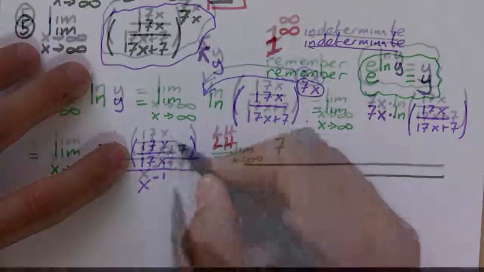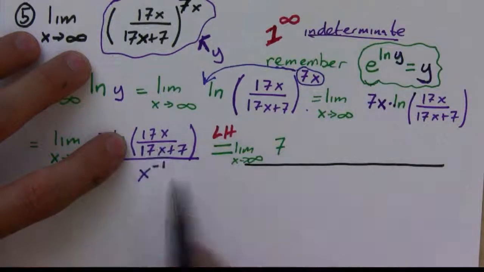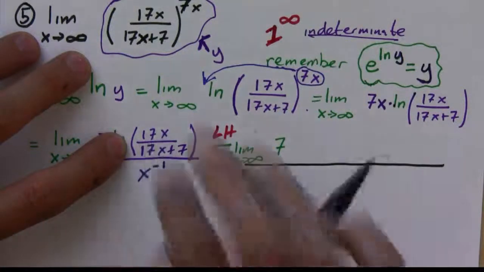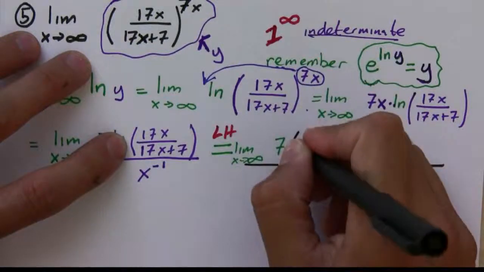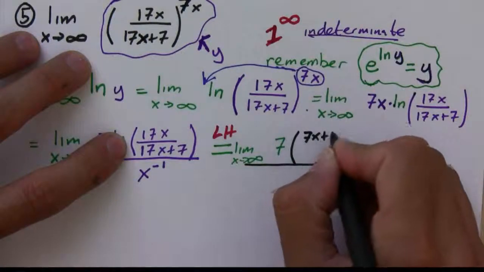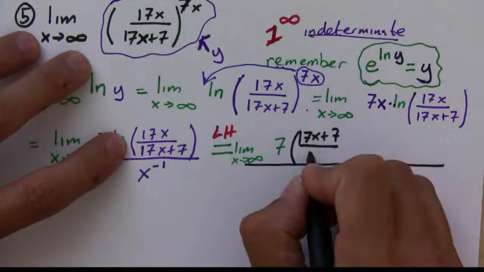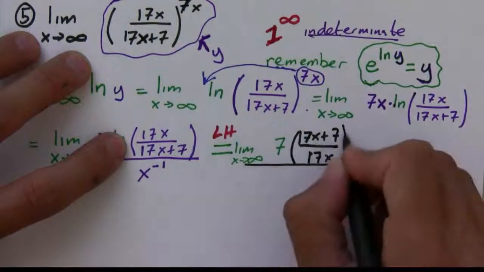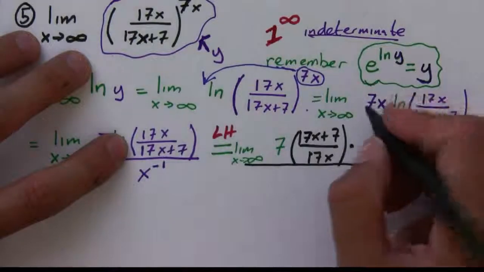So 1 over this guy, I don't want to write it out, but 1 over this guy is just the reciprocal. So this is 7 times the reciprocal. So that would be 7x plus 7 over 17x times the derivative of the inside.